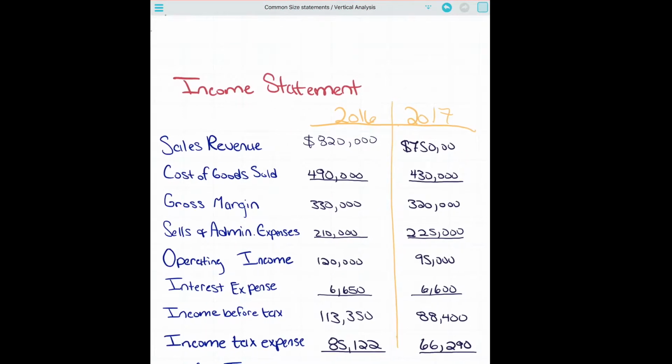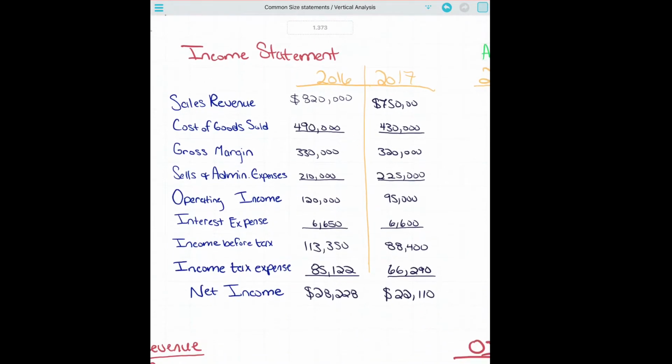So here is the income statement. Go ahead and write it down. Push pause if you need to and write down the income statement for 2016 and 2017. Okay, now that you have it, let's go ahead and get started.